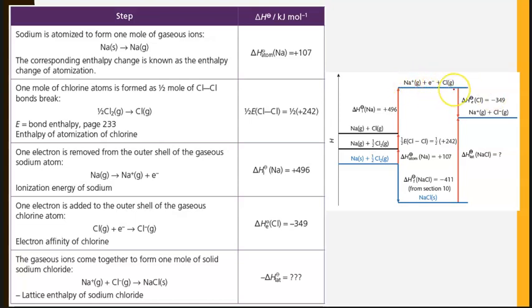Electron affinity is an exothermic process, so we come down to the free ions, sodium plus and chloride minus. So the difference between this stage here and this stage here is going to be the lattice enthalpy for sodium chloride.